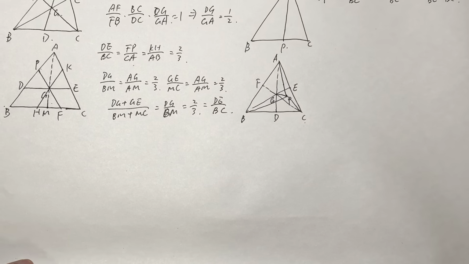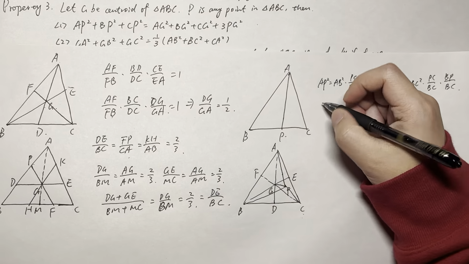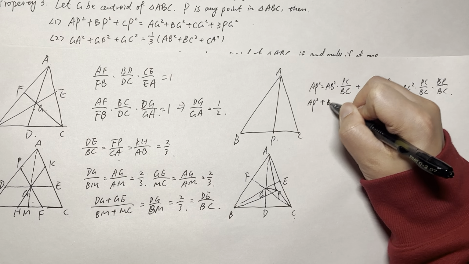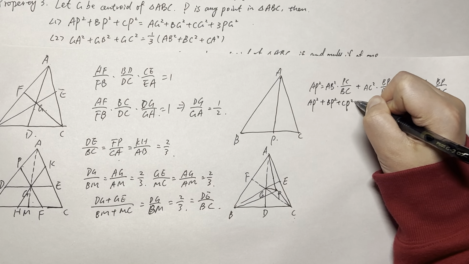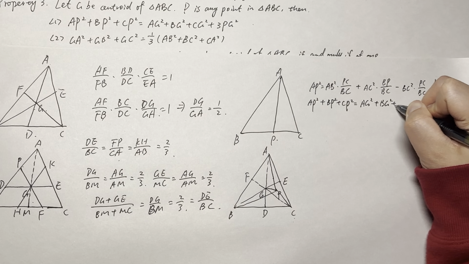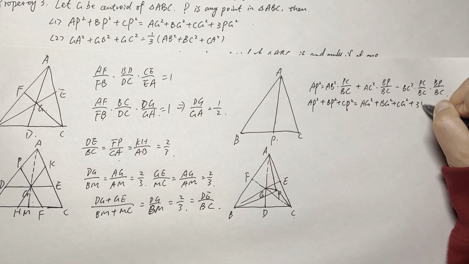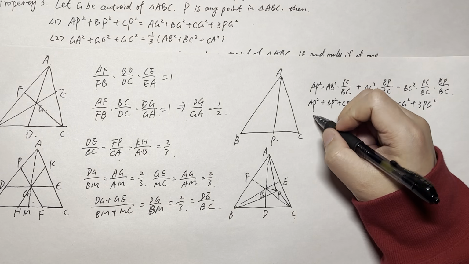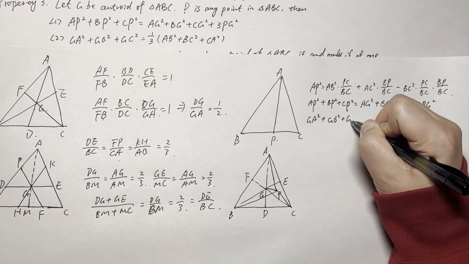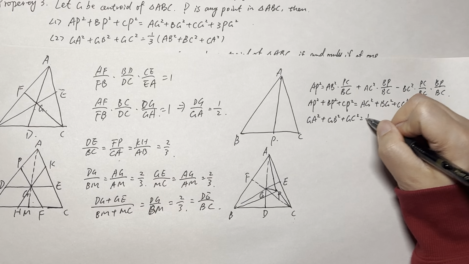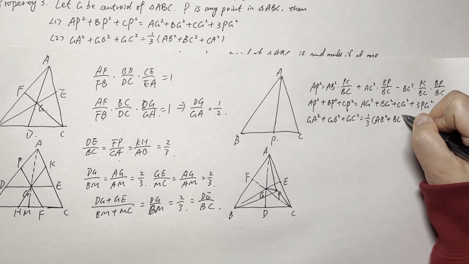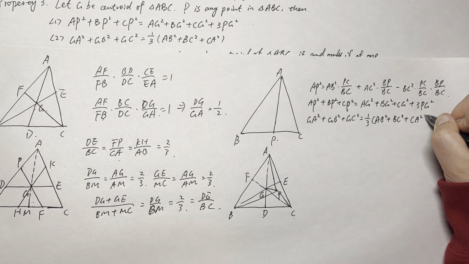So we want to prove that AP squared plus BP squared plus CP squared equals AG squared plus BG squared plus CG squared plus 3PG squared. And we want to prove that GA squared plus GB squared plus GC squared equals 1/3 of AB squared plus BC squared plus CA squared, right?